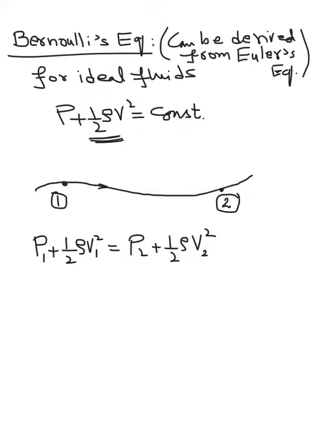For any point in a fluid, for example if I have two different points, point 1 and point 2, this part will always remain constant between them. That's how I can write down this equation for two reference points. Again, we will utilize that equation for determining the pressure or velocities when we talk about ideal fluids or inviscid parts of flow fields.